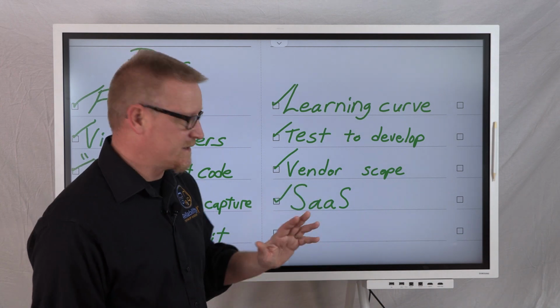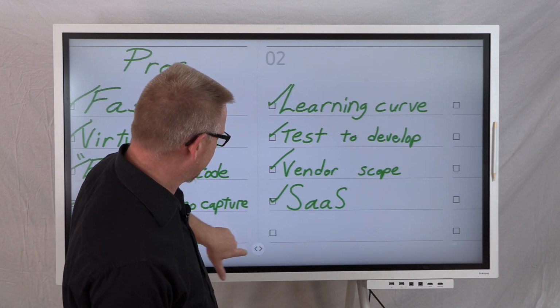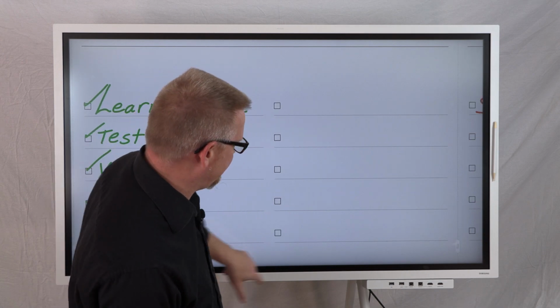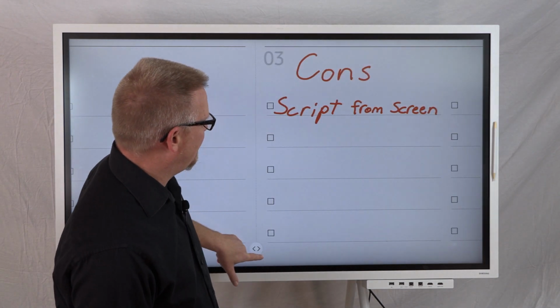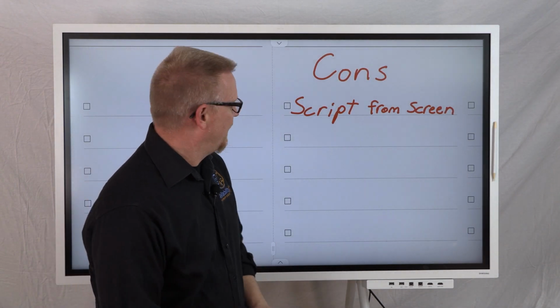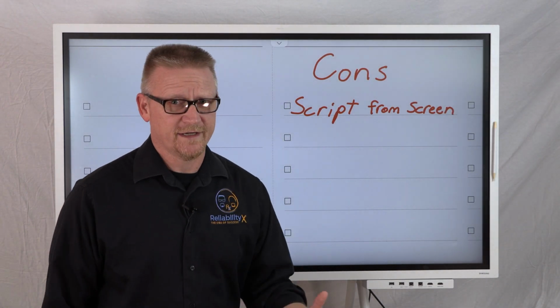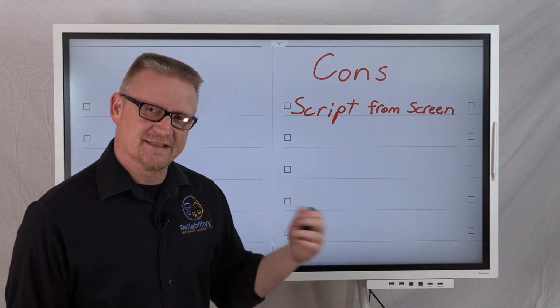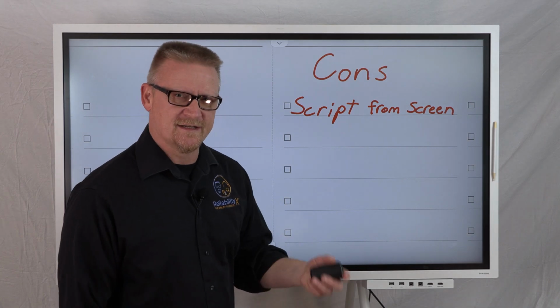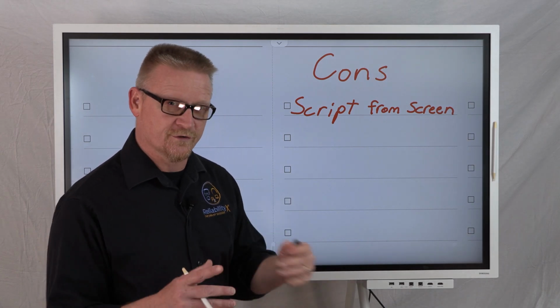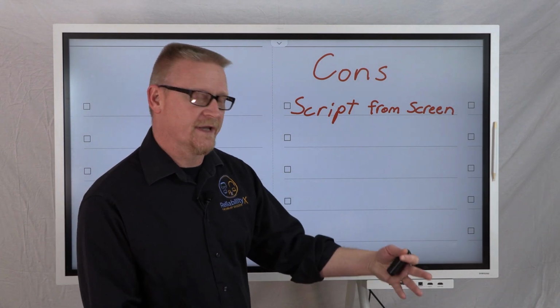What about some cons? What do we got on the con side of things? Honestly, I don't see a whole lot, and I'd like to try to find things. The biggest thing I can see is that this system does not allow you to record what you're doing and create a script from it.